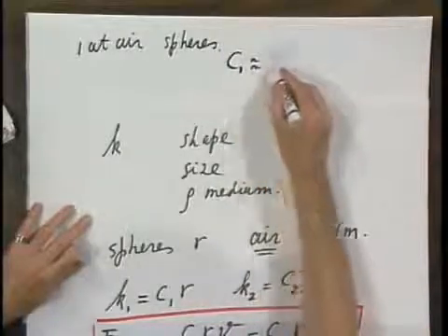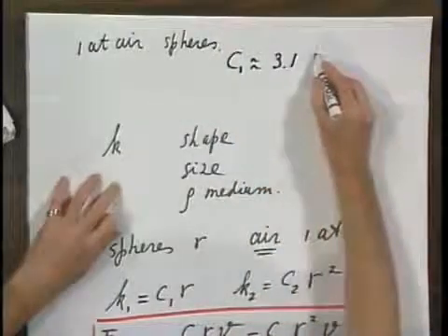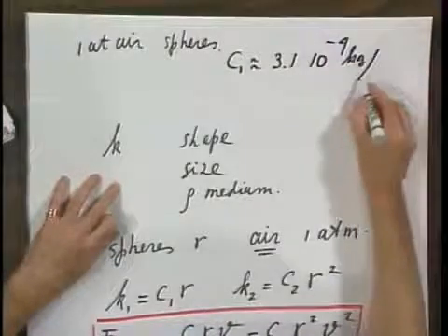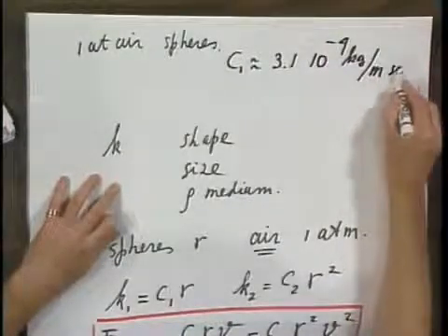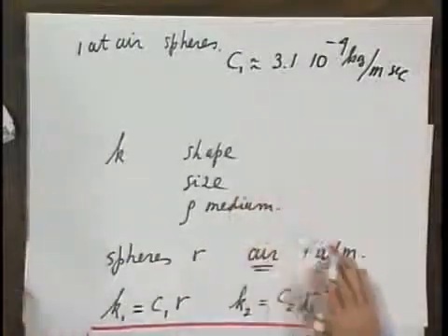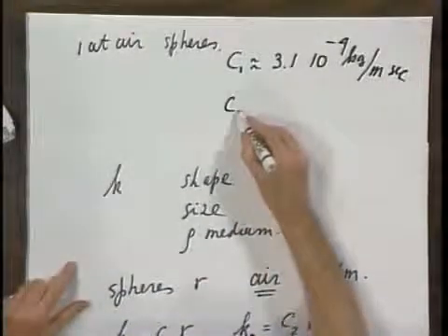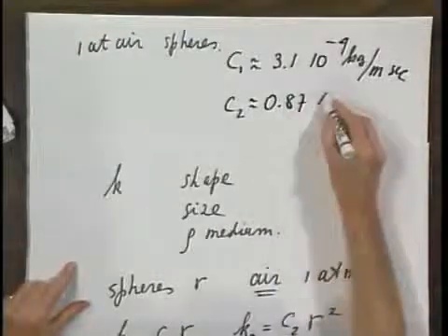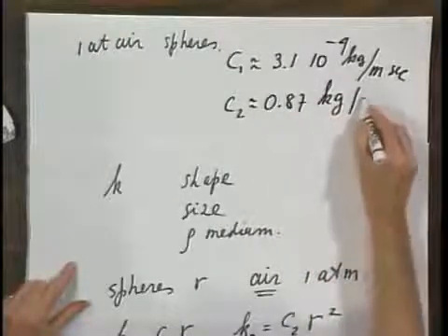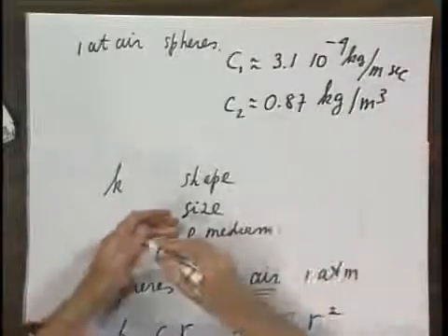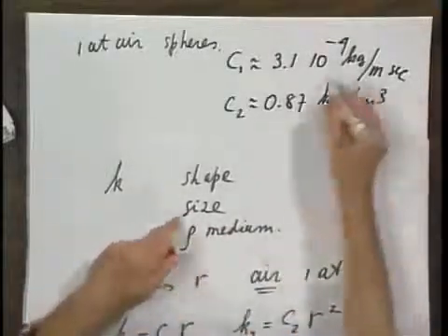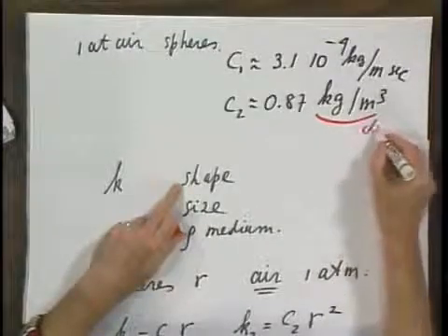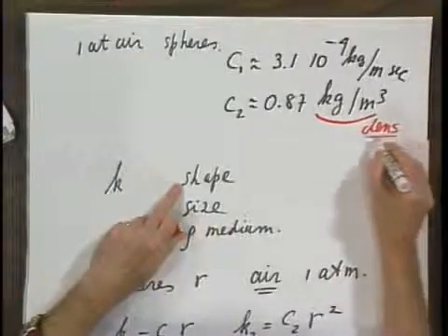C1 is approximately 3.1 times 10 to the minus 4 kilograms per meter per second, and C2 is approximately 0.87, and here the unit is kilograms per cubic meter, which is exactly the same dimension as density. Kilograms per cubic meter has the dimension of density.